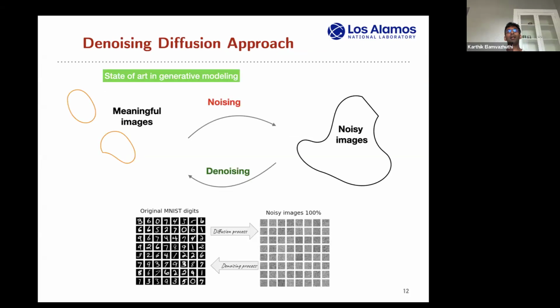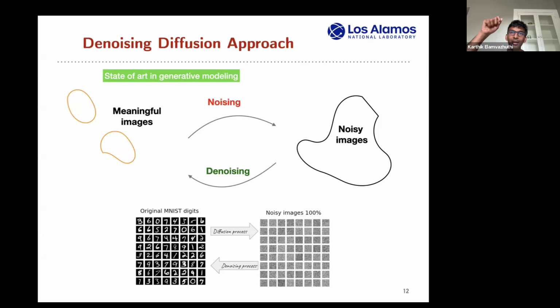And this is what denoising diffusion methods do. They've flipped the order in which they try to construct the map. Instead of going from noisy images to meaningful images, the method of denoising diffusion first starts with meaningful images. And what does it do? It just adds noise to it.